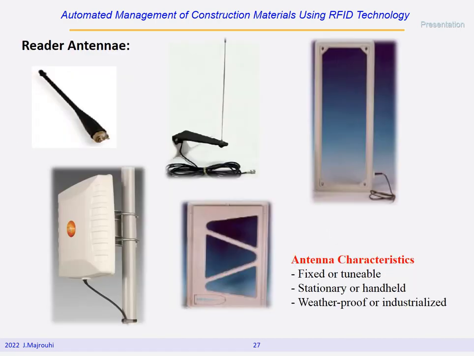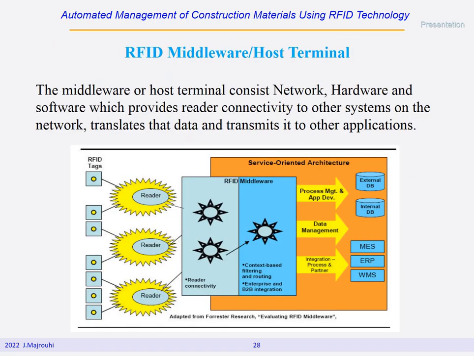The reader's antenna could be fixed or tunable, stationary or handheld, weatherproof or industrialized. The third part of an RFID system is middleware or host terminal, which consists of network, hardware, and software, which provides reader connectivity to other systems on the network, translates the data, and transmits it to other applications.